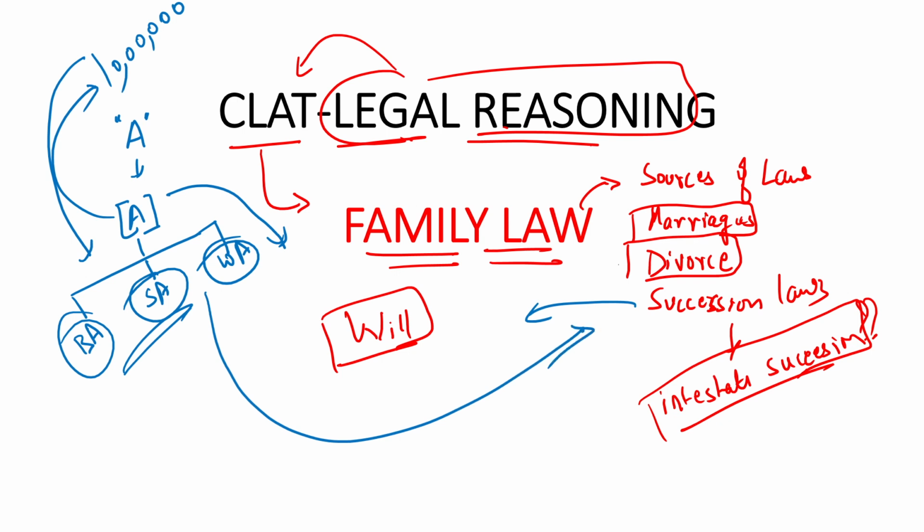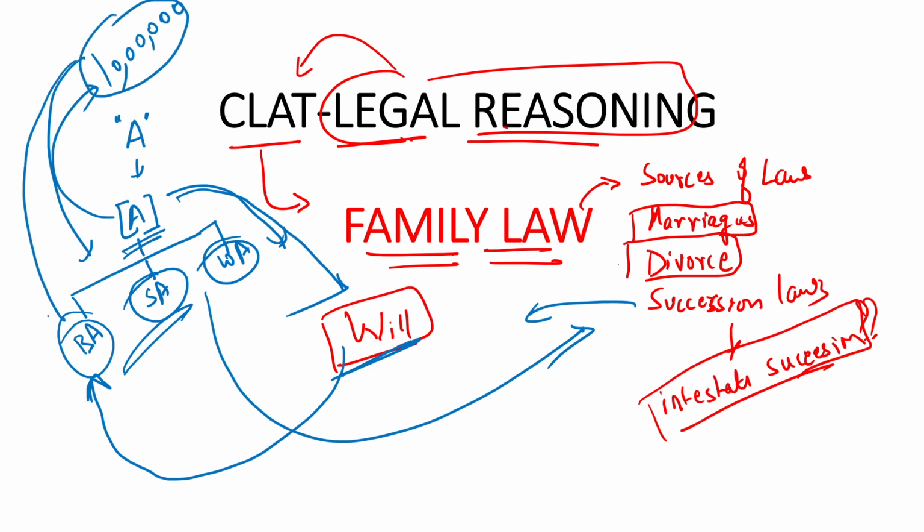One has to understand that if A is able to make a will, and in that will he mentions that all the property of mine after my demise will go to my brother, not to my son, not to my wife, but to my brother, then the whole 10 lakh rupees will go to his brother only and nobody else. This is only when you have a will.